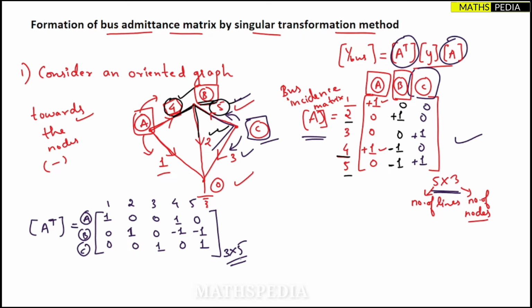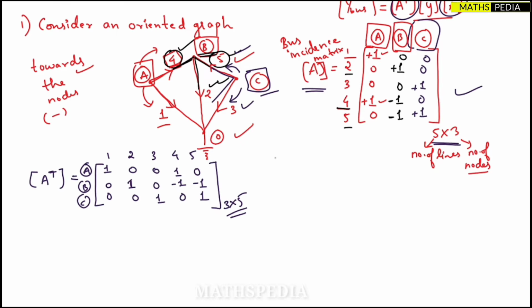This is the transpose of that matrix. Now here we have to observe the node voltages. With respect to the node voltages, we have A, B, C. So let me take this column.